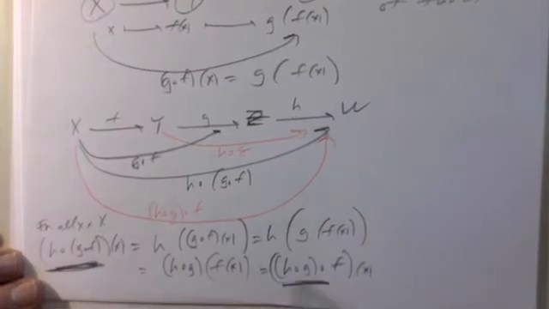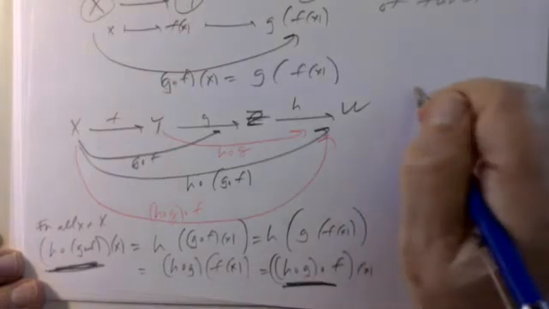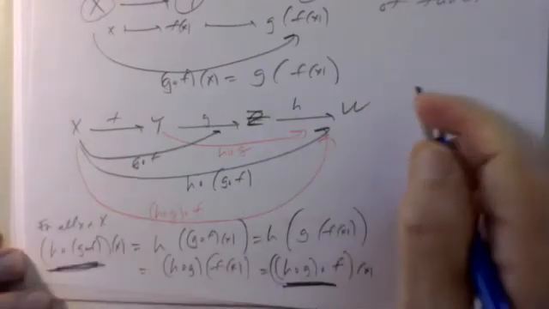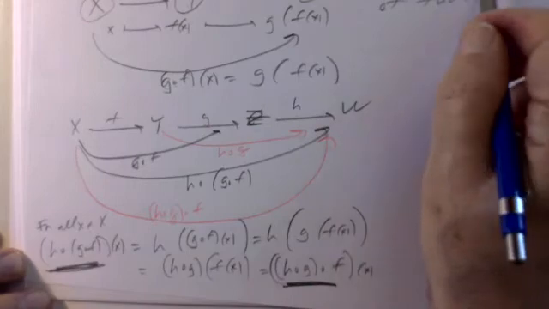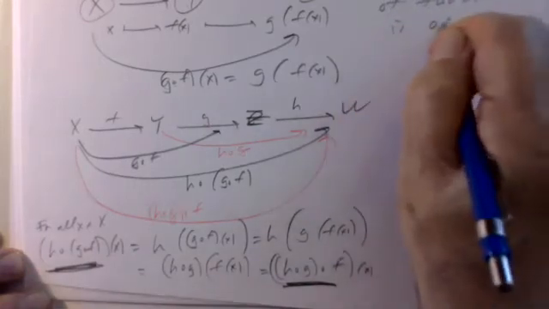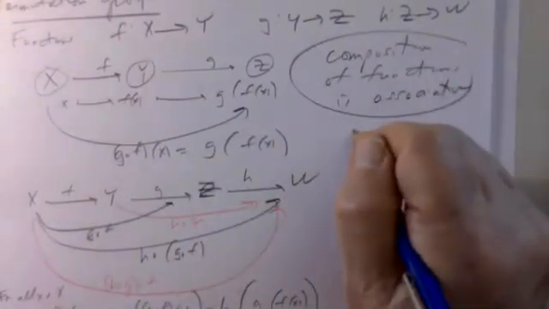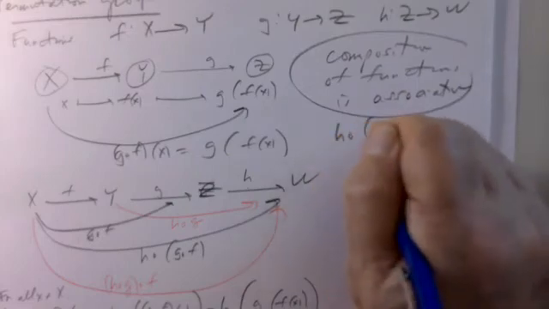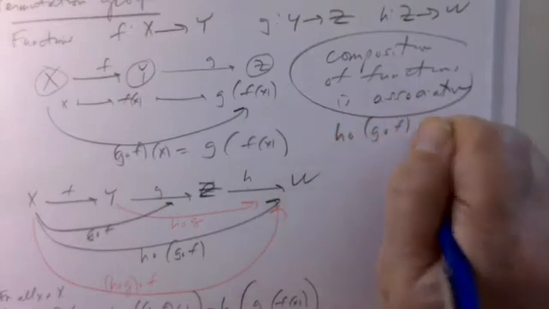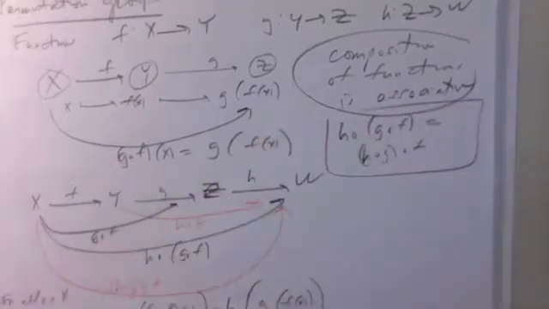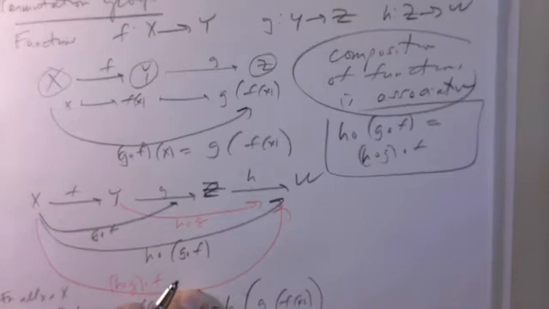So this equals this. And this is actually a proof of the fact that composition of functions is associative. h composed with g composed with f is equal to h composed with g composed with f for all functions for which this makes sense.